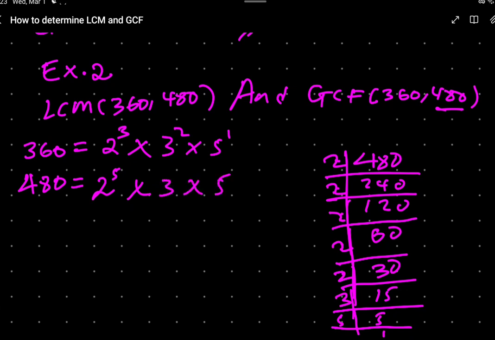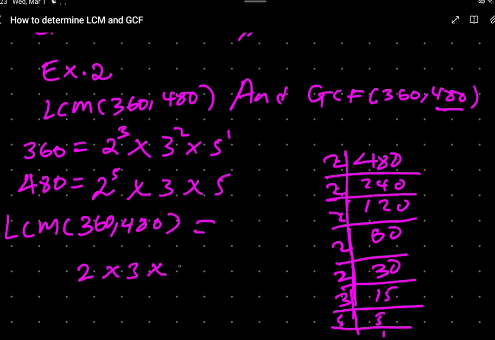All right, now in both cases we have 3, 5 and 2 as the prime numbers used to factorize. So in order to get the multiple, first the LCM of 360 and 480, the first thing you do is you write the prime numbers, 2 times 3 times 5.